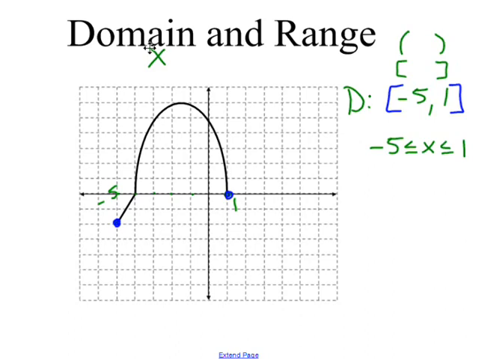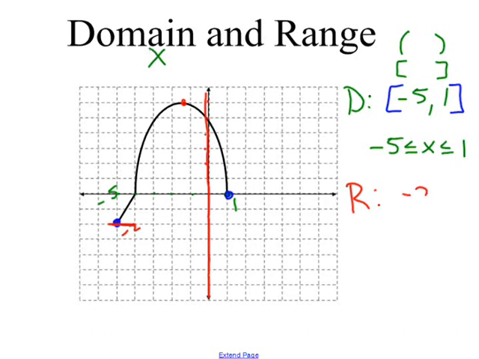Whereas if we're talking about our range, we know we're looking at our y values. So along this line, which y values are taken on? Well, the smallest y is right here, which happens to be negative 2. And the biggest y happens to be right here, which is 6.